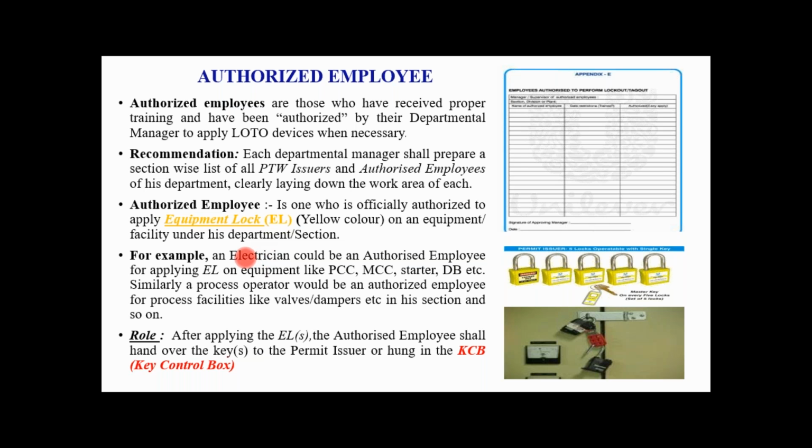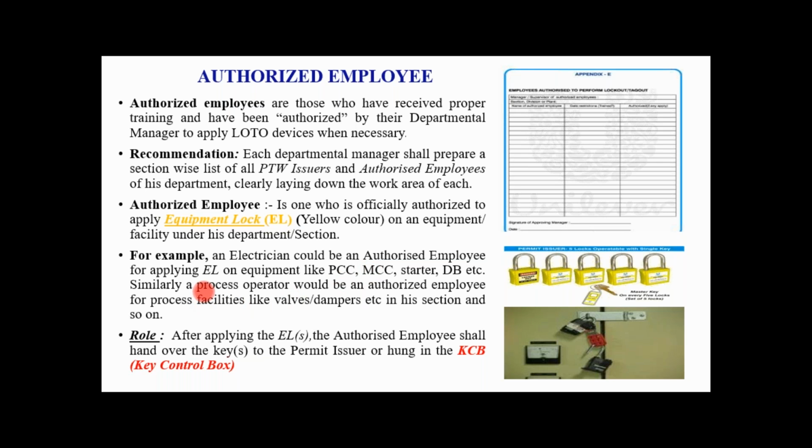The electrician already has experience regarding these types of equipment and the work, and may have gone through different types of training on how to handle circuit breakers or starter equipment, or the equipment which has electrical energy as a source.